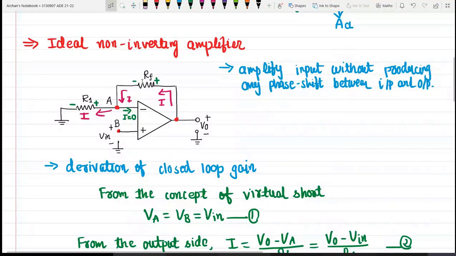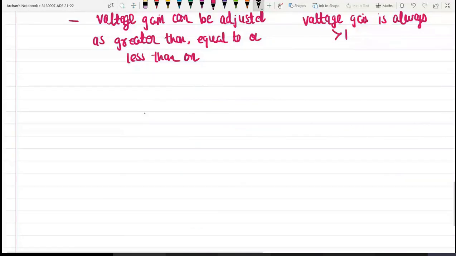Sometimes I will use a voltage divider network at the input, so VB is not always equal to Vin. Sometimes this is not happening. And what happens when this is done? Right now I am drawing a non-inverting amplifier with some other configuration.